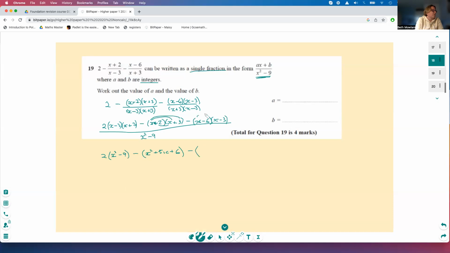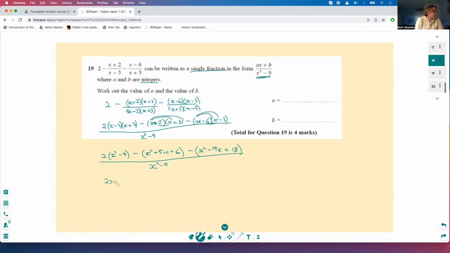Then for the last one, I've got x times x is x squared, minus 3x, minus 6x, so minus 9x plus 18, all over x squared minus 9.